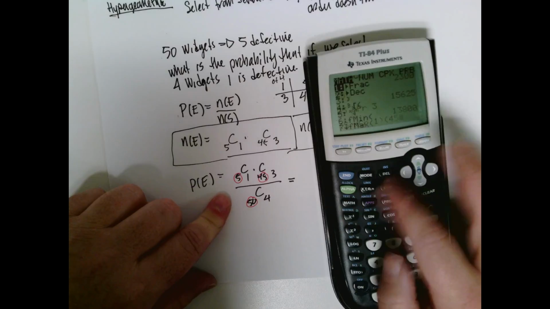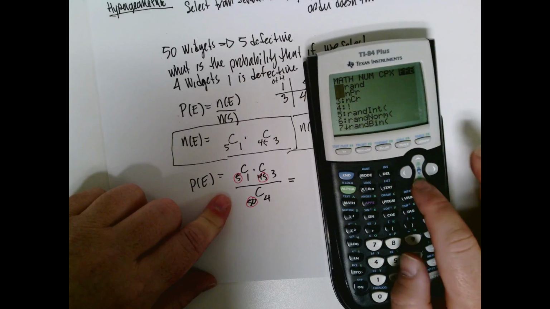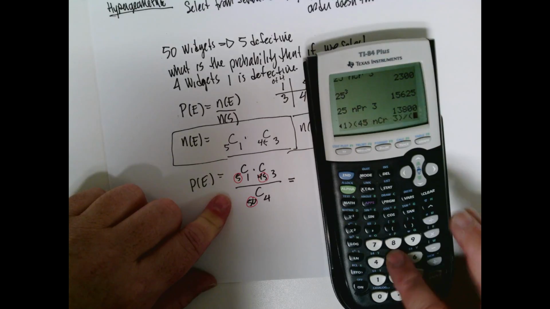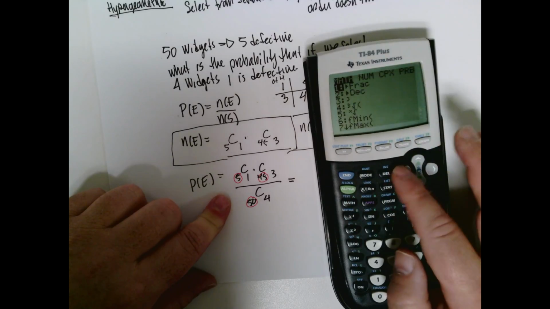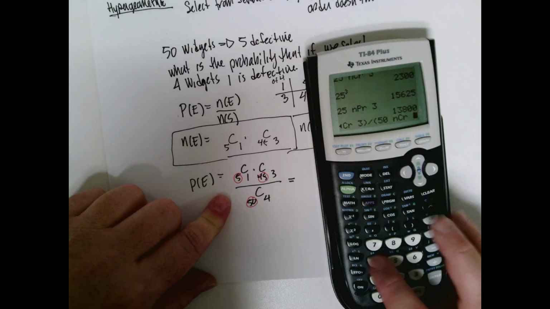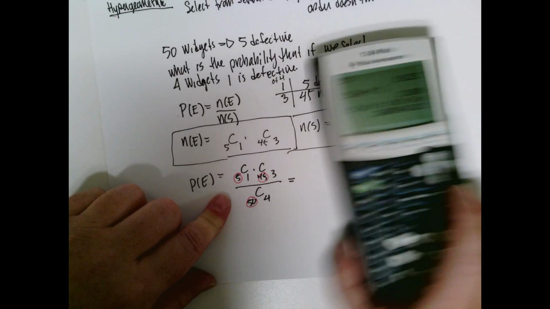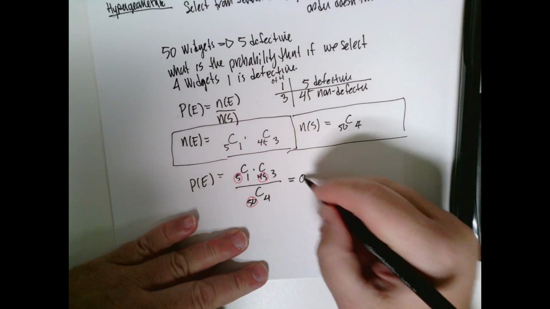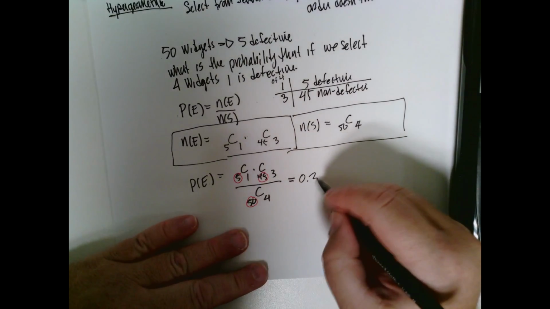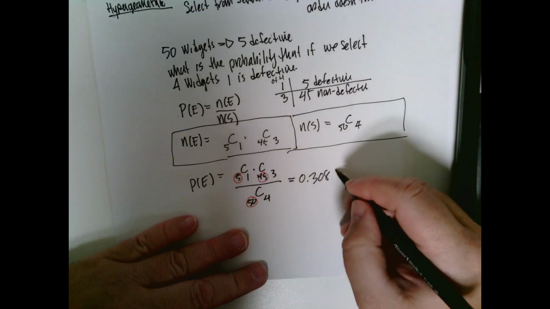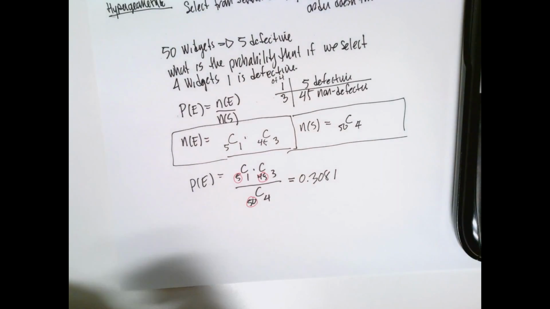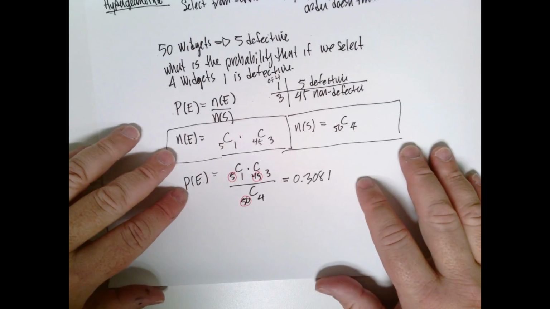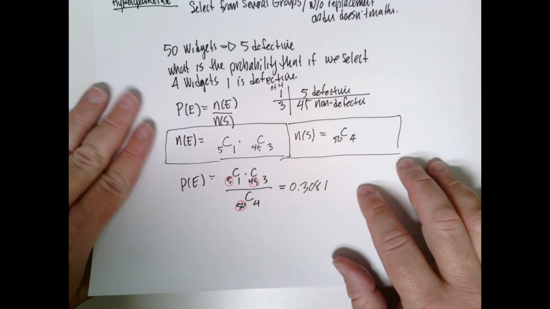And then 45 choose 3 divided by 50 choose 4, and we would get 0.0381 for a probability. So when you do these, you break it down into groups. And that's the hypergeometric.